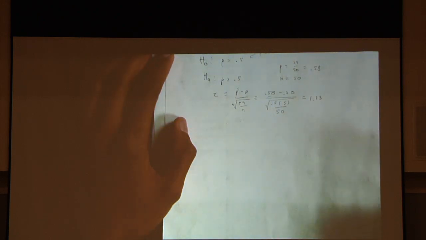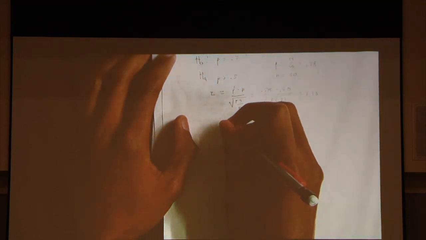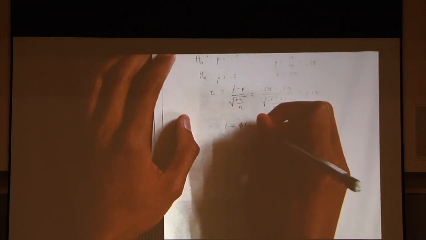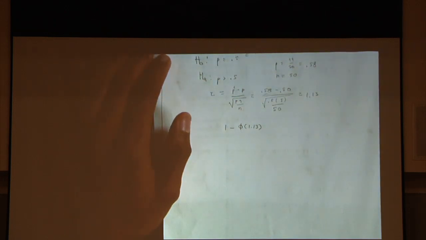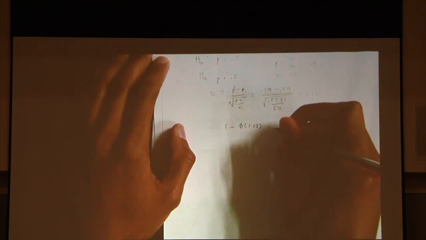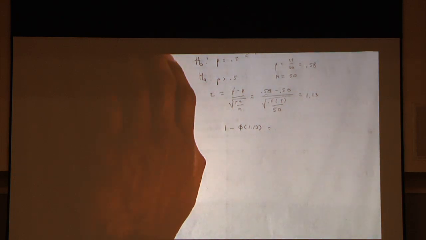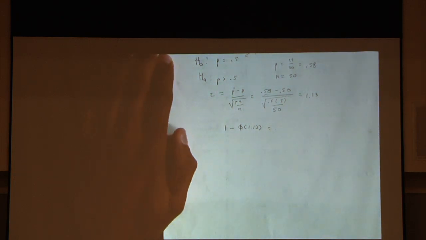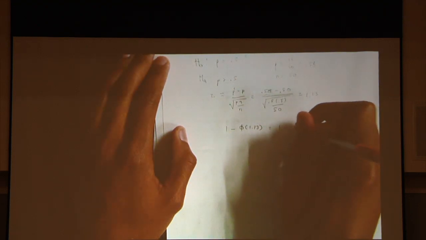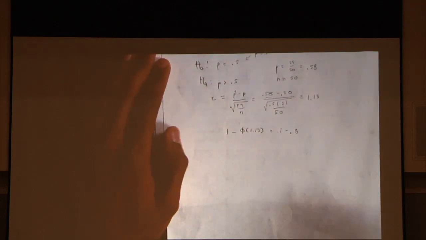And this is greater than this time. So you want 1 minus your phi of 1.13, right? Which ends up being 1 minus 0.8708.